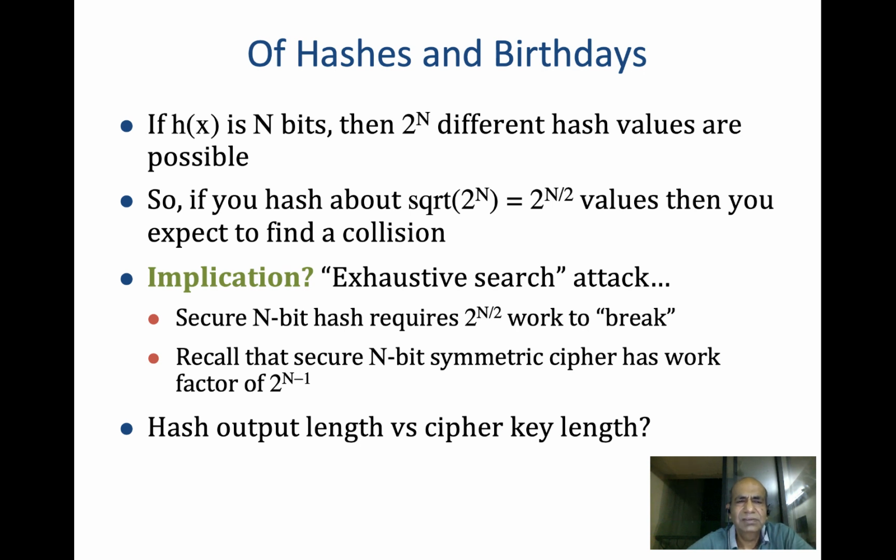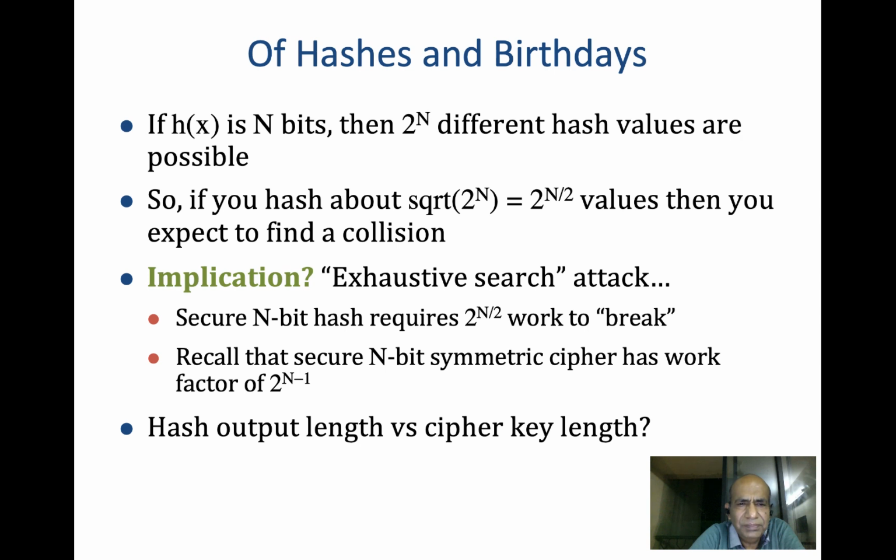Okay, here it is. Say the hash function output h of x is of n bits. It means that it will have 2 raised to the power n different values. Say if n is 64 bits, then there will be 2 raised to the power 64 different values.